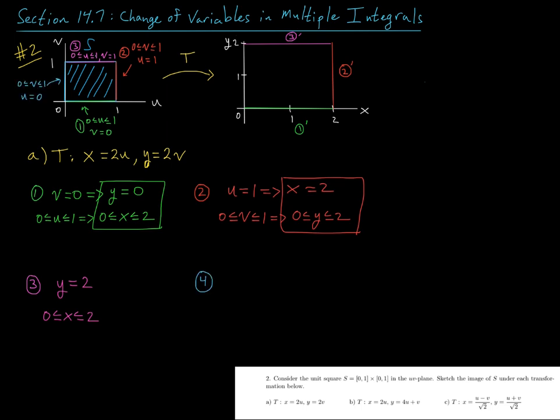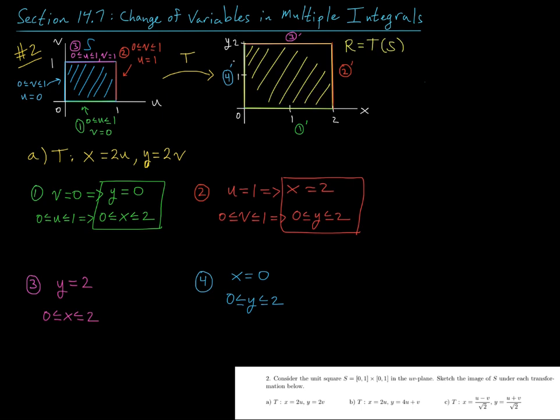And then this left edge here for S, where v varies from 0 to 1 and u is equal to 0, that's going to tell us that x is constant 0 and y varies from 0 to 2. And so that's going to give us this edge right here. Okay, so the boundary of our square S is mapped to this boundary of the image region.